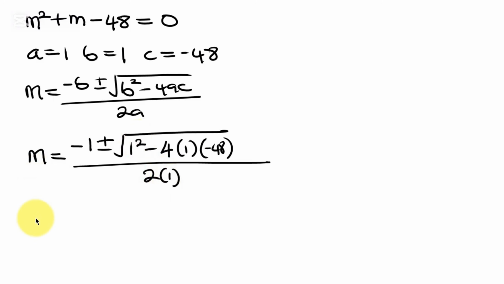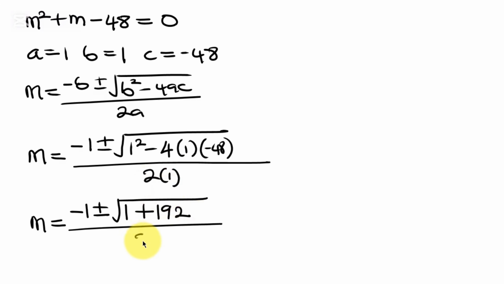So simplifying further, we have m equal to negative 1 plus or minus the square root of 1 squared, which is 1. And then negative times negative is positive. So 4 times 1 times 48 is 192, all over 2 times 1, that will be 2.